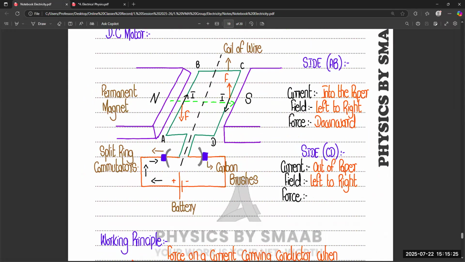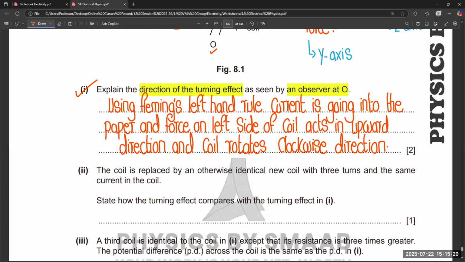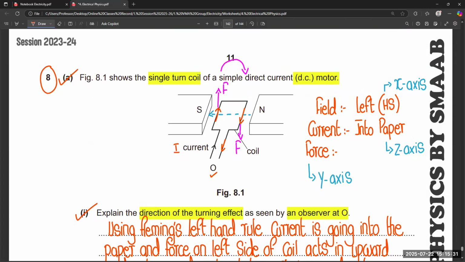You can see from the same pattern of the diagram, sometimes they change the poles of the magnet from right to left. Sometimes they change the direction of current, and sometimes the direction of force will be different. So if you change any one quantity, definitely the force on the conductor also changes its direction.